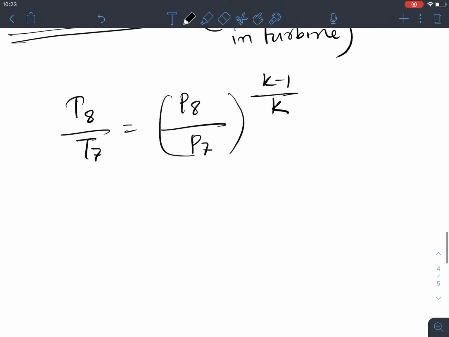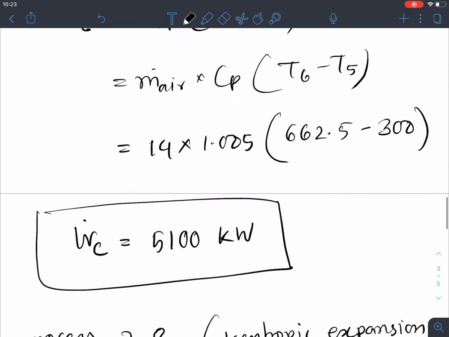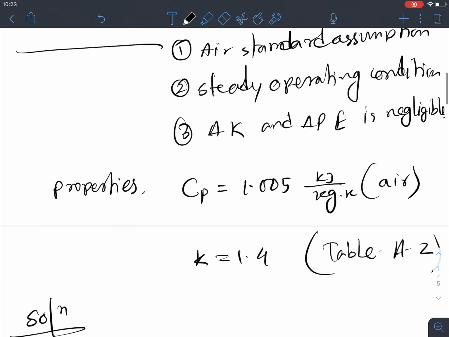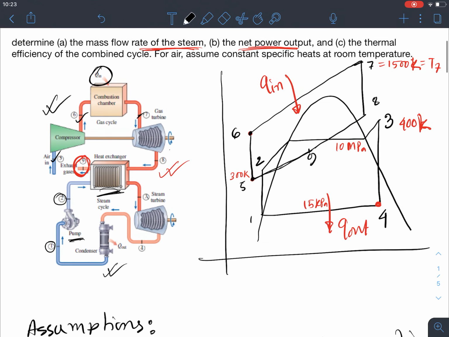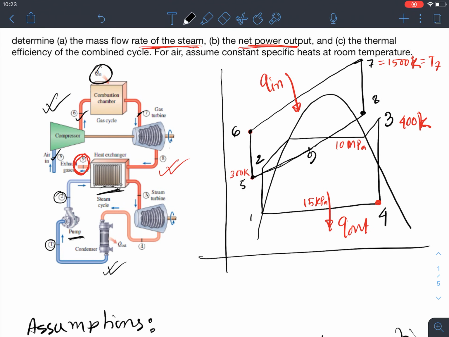So basically, in the pressure ratio, if we look at the PV diagram, we'll see, basically T7 will be equal to T6, and T8 will be equal to T5, right?